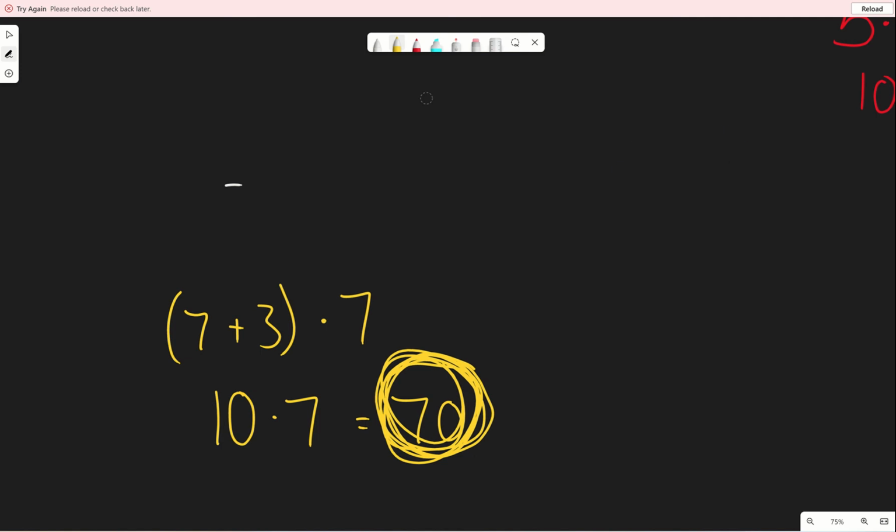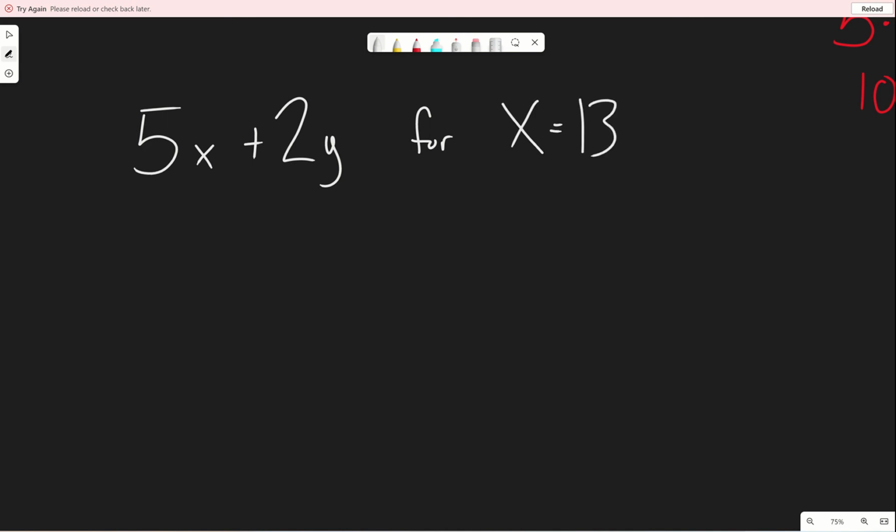Let's try. What happens if I have 2 values in my equation? Let's say I have the equation 5x plus 2y. And I know x equals 13, y equals 11. Just like before, I'm going to say, okay, wherever I see a 13 or an x, I'm going to put 13. Wherever I see a y, I'm going to put 11.